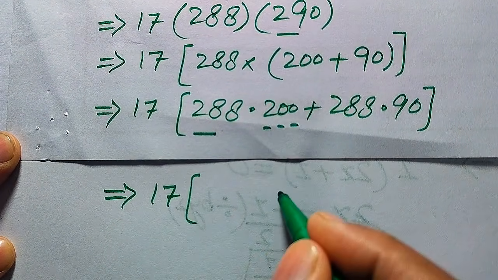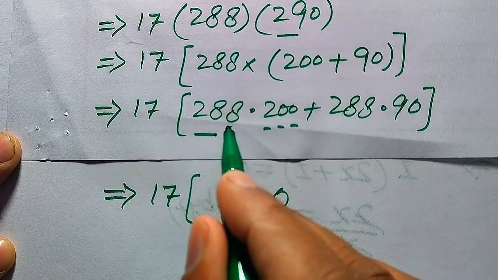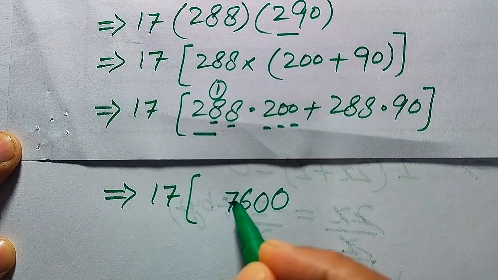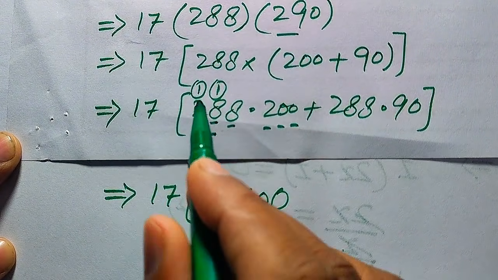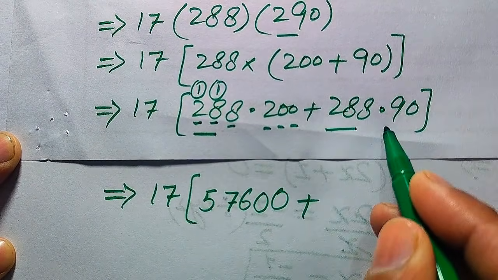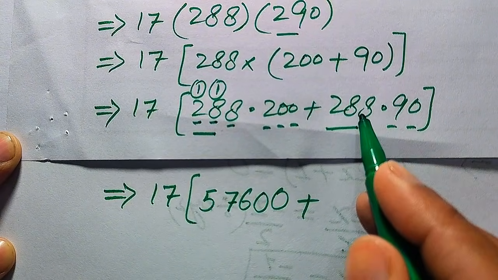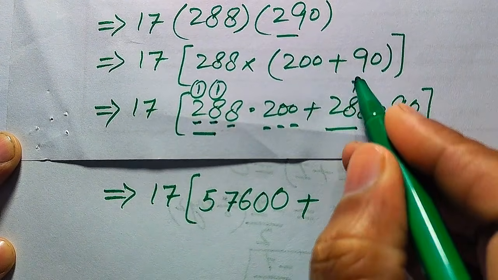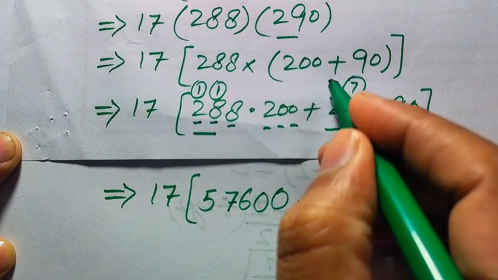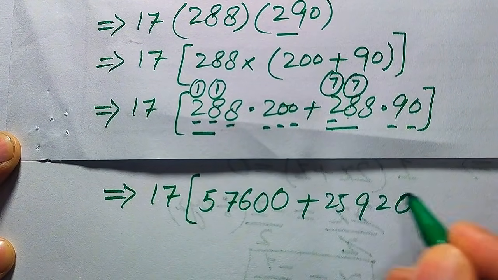So we multiply 0 times this number becomes 0, this 0 times this number is also 0, 2 times this number: 2 eights are 16, we write 6 and carry 1, again 2 eights are 16, 16 plus 1 is 17, we write 7 and carry 1, 2 twos are 4, 4 plus 1 becomes 5. And in the same pattern we multiply these two numbers. This is a one digit number, this is a 2-digit number, so 0 times this number becomes 0, and 9 times this number: 9 eights are 72, we write 2 and carry 7, 9 eights are 72, 72 plus 7 becomes 79, we write 9 and carry 7, 9 twos are 18, 18 plus 7 becomes 25.